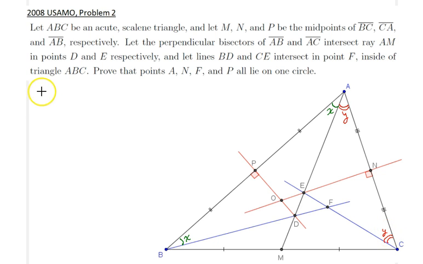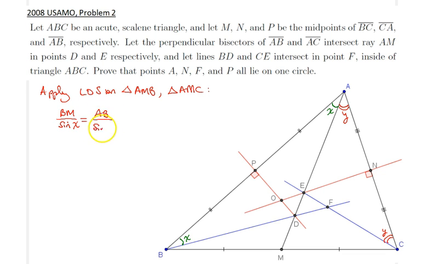So applying the law of sines on triangles AMB and AMC, we realize that BM over sine x is equal to AB over sine AMB.